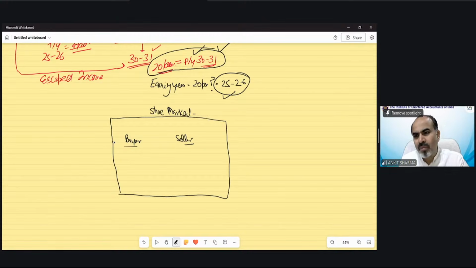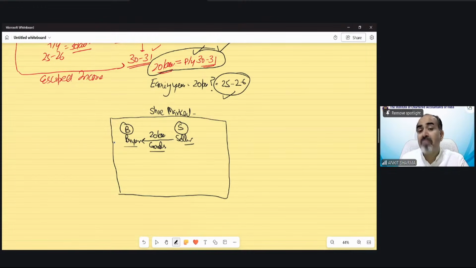Yeah, like a promissory note, you can say, but it's a local promissory note. So a buyer and a seller, suppose the seller sells 20 lakh rupees of goods to Mr. B. So B is the buyer, S is the seller. Now, the buyer promises to pay this money after 3 months.